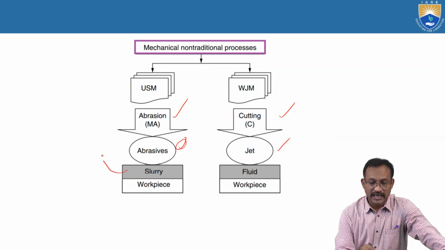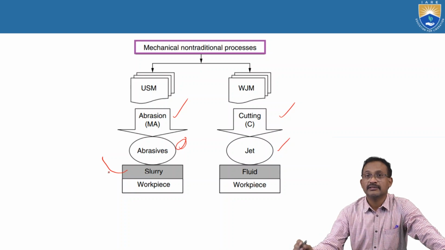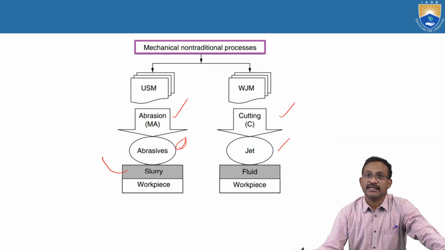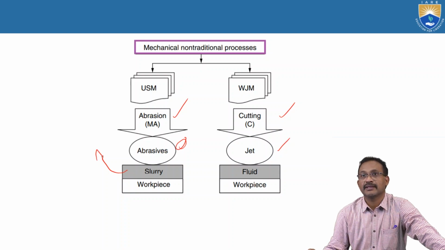Here the slurry will flow against the workpiece. The slurry contains very sharp-edged materials of small size, combined with water, so that it strikes the workpiece and the material removal takes place.